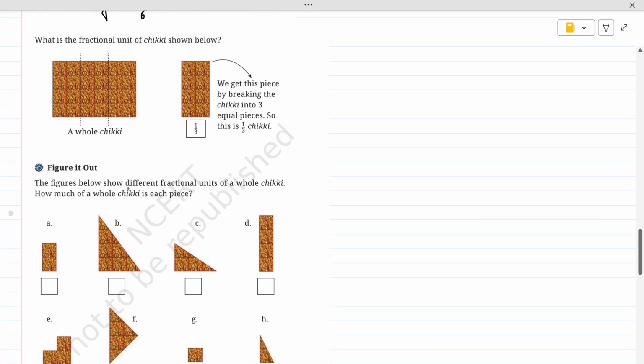The figure below shows different fractional units of a whole chickpea. So this is the whole chickpea. From the whole chickpea, they have taken out these different pieces, and we have to find out in every case how much of a whole chickpea is each piece. Let's start with part A. These two make 1 unit. That means this is 1.